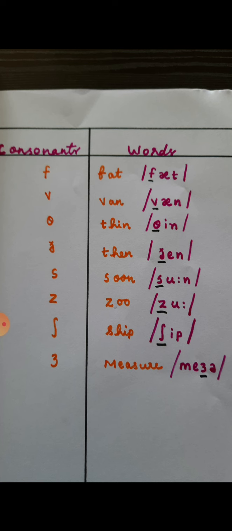So, once more, we'll be revising from the beginning. F as in fat. V as in van. Th as in thin. D as in then. S as in soon. Z as in zoo, sh as in ship, j as in measure.